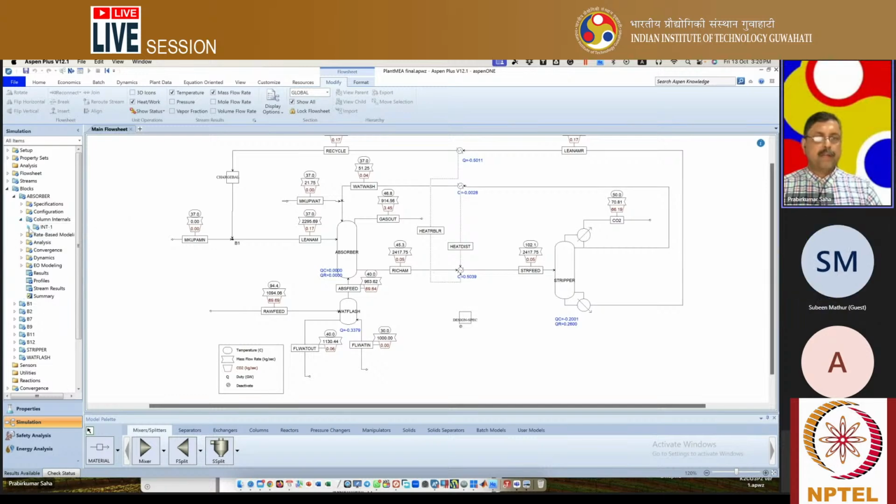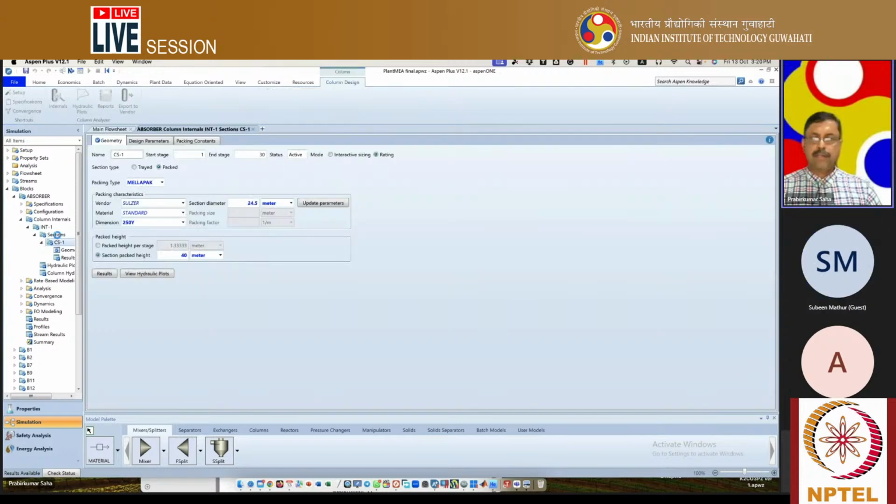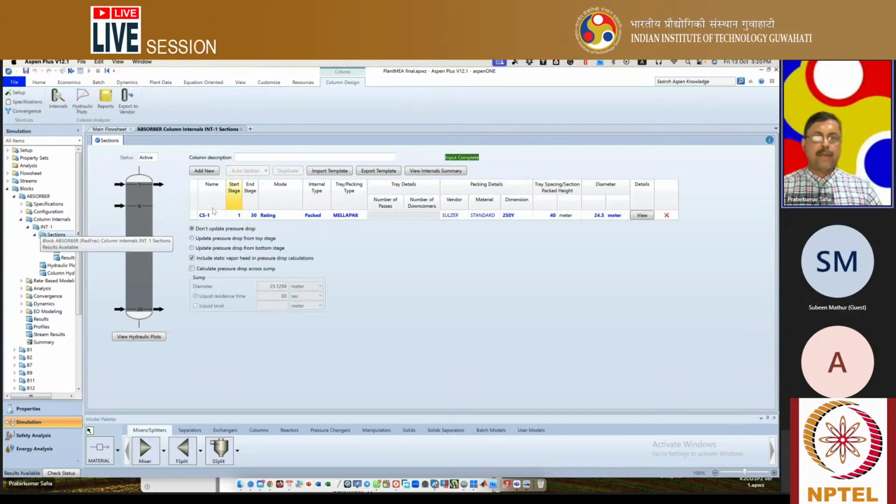Right, sir. Column internals. I have a section here, and I will show you this first. The number of stages is 30. I have specified whether this will be a packed column or a tray column.